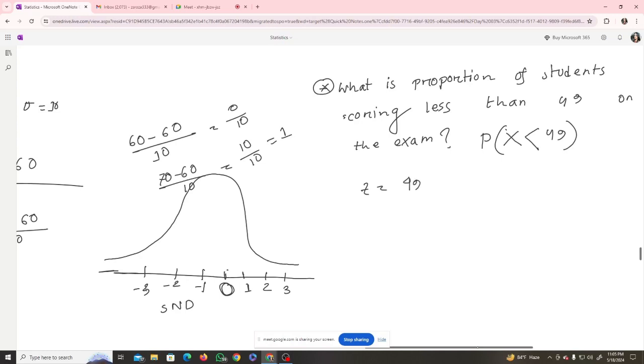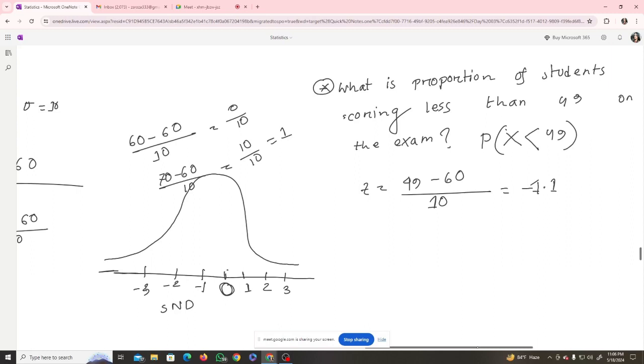For this value, the z-score will be 49 minus 60, as in the previous question we found the mean 60 and the standard deviation was 10. 49 minus 60 divided by 10 is minus 1.1, right?